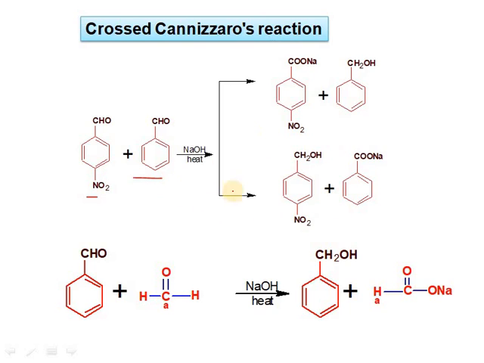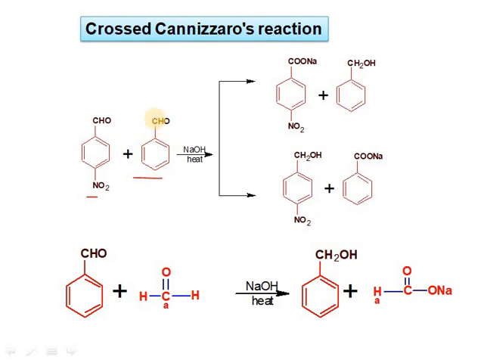This is called a cross Cannizzaro reaction. So how many products are possible? Four products. In total, 4 products are possible.